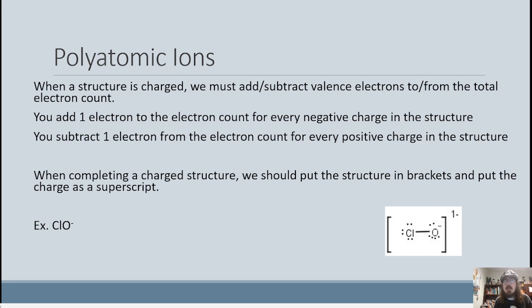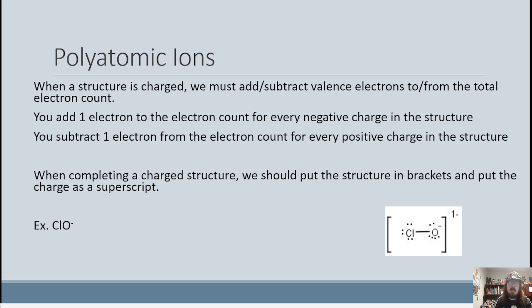Whenever the structure is charged, we must add or subtract valence electrons from the total electron count. So if it is negatively charged, we are adding electrons. Remember, electrons are negative. So if it's negatively charged, we're going to add that many electrons to add up to the charge. If it's positively charged, we will remove that many electrons from the total count. And if you do that, now we just have more electrons to play with.